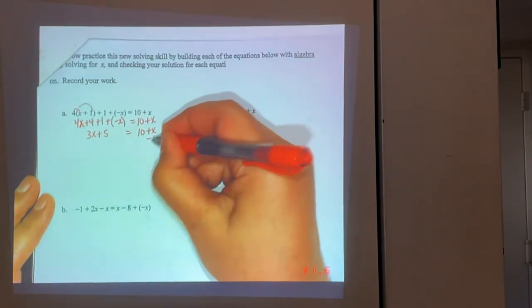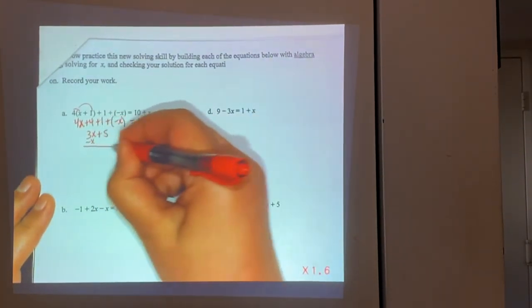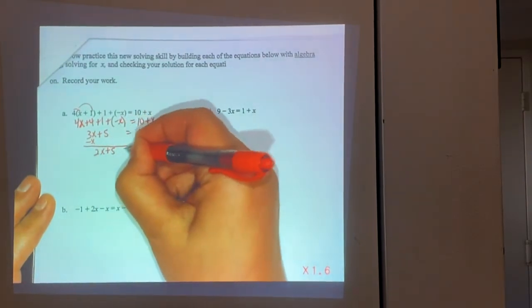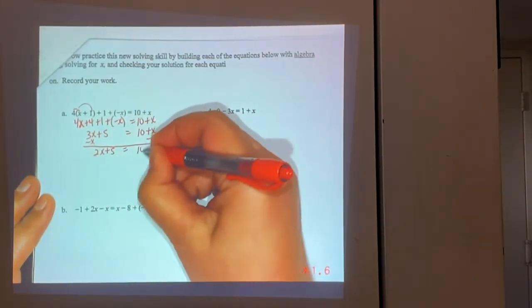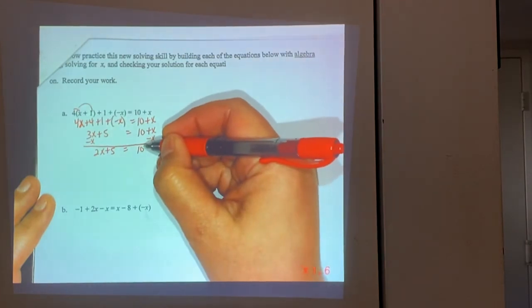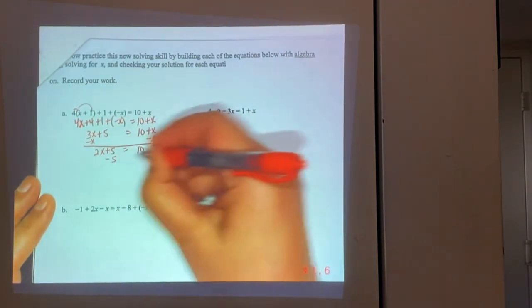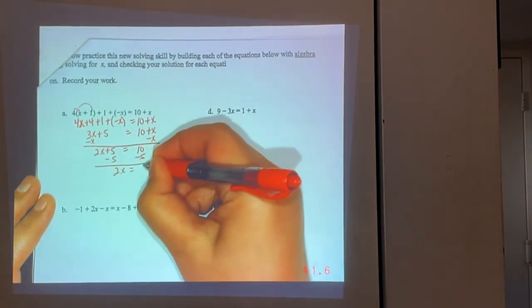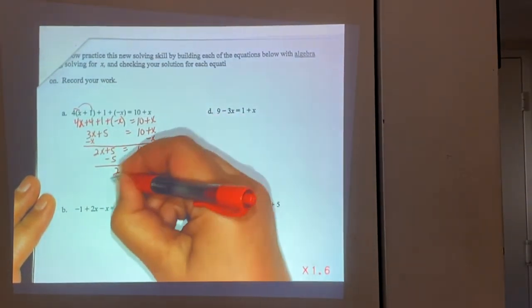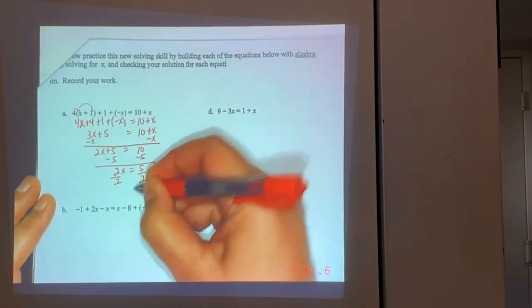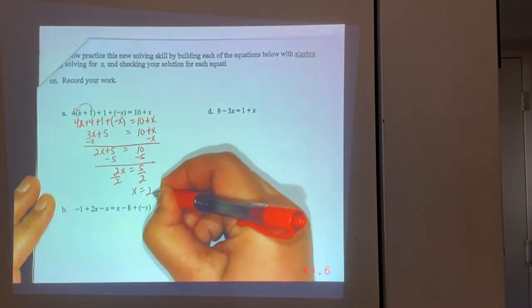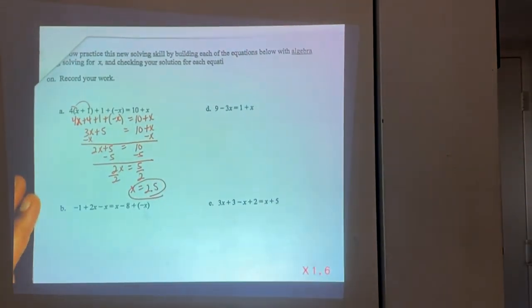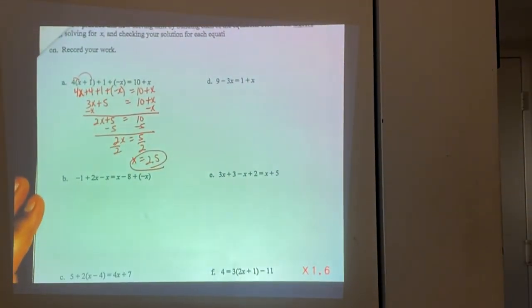We're going to remove an x from both sides. We have 2x plus 5 equals 10. We're going to subtract 5 from both sides. 2x equals 5. Divide both sides by 2. x equals 2.5. Circle.